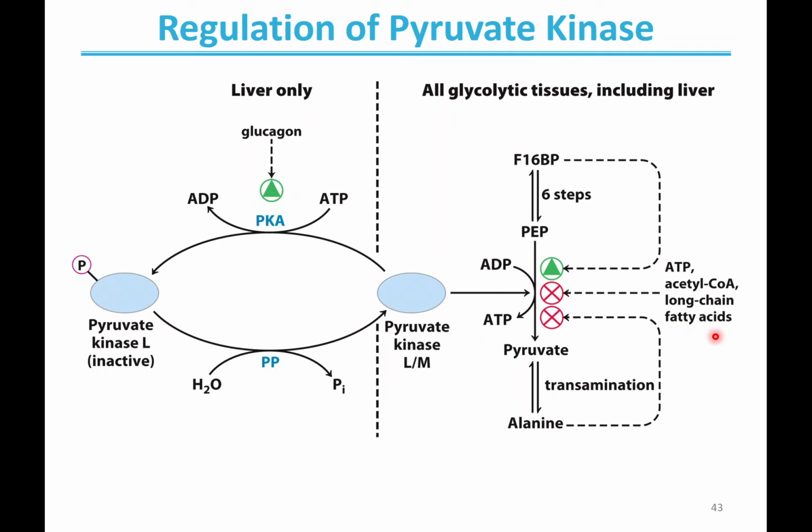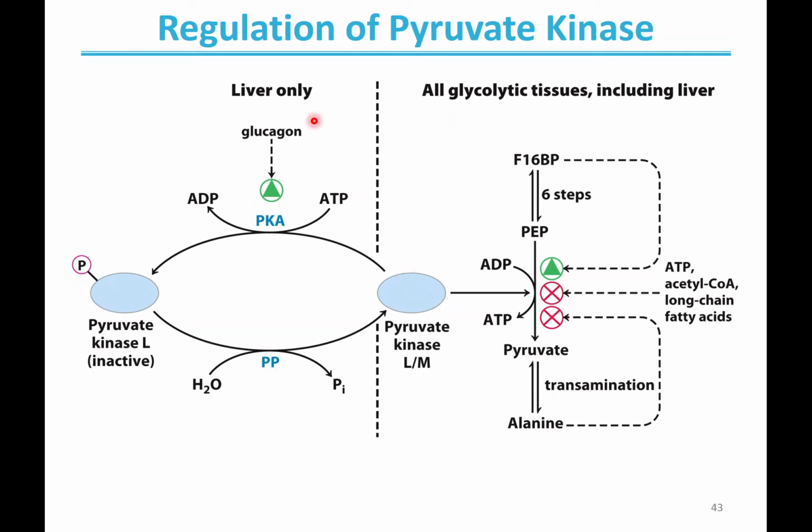Okay, and then again, you have the signals that you have enough energy in a cell, like the obvious one, ATP, and acetyl-CoA, that will turn that enzyme off. And the other things, long chain fatty acids and the amino acid alanine, turn that off as well. Okay.